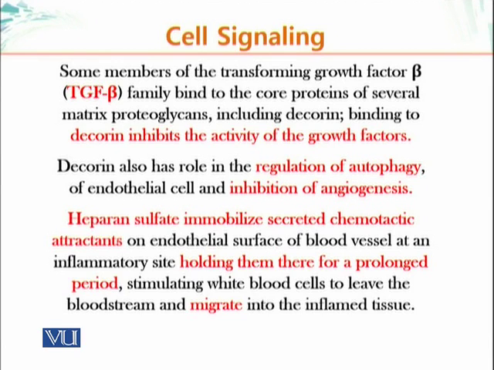So it is basically acting as a pole on which a flag will be mounted. If signaling molecules didn't stick to these proteoglycans, they would just be washed away in the bloodstream. That doesn't happen because these molecules can grab these chemotactants for white blood cells and hold them at the site of inflammation, and ultimately the white blood cells will come there and do their job.